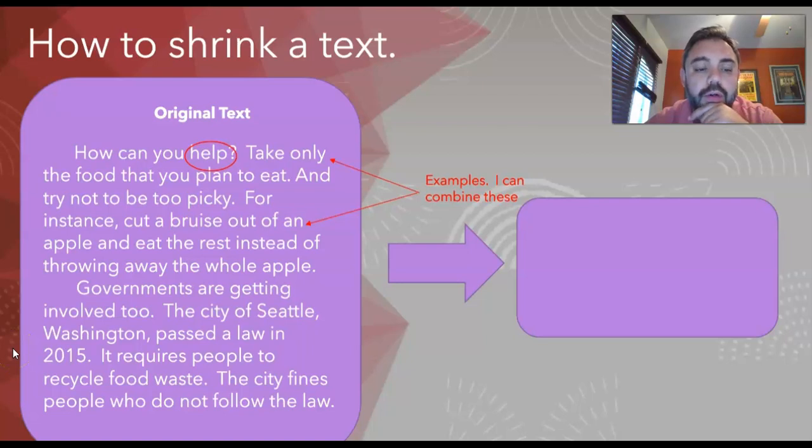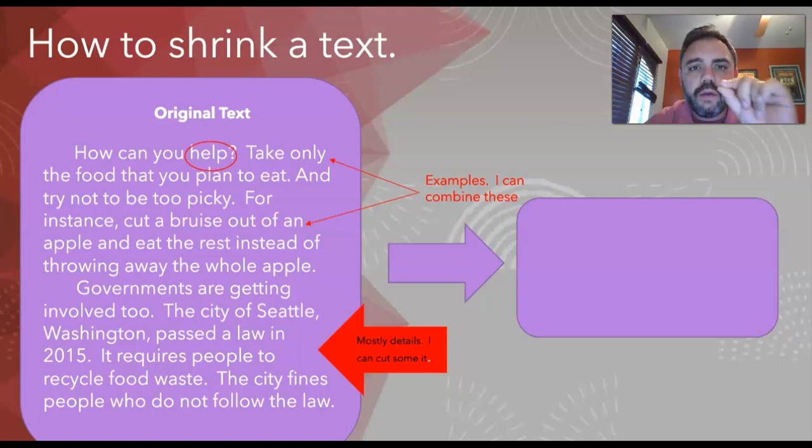Working our way down into our second paragraph, this is mostly very specific details about a very specific city, but I can cut some of it out, right? Like I can cut out the specific city because the topic sentence of the paragraph tells me that governments are getting involved too. So that means many cities across the country are doing it.